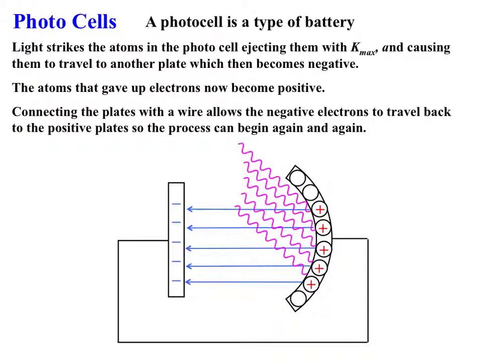These electrons are going to be moving with a kinetic energy. And we know that atoms that give up electrons are now becoming positive. So if we connect that to a plate where electrons are gathering on one side and the plate is now becoming positive, well, you can see here that we essentially have a battery.